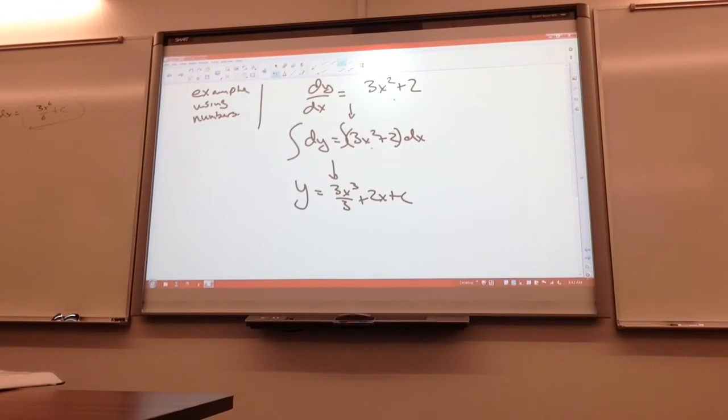Yes? What's the point of putting in the integrands if we just ended up doing the antiderivative of what we were given at the top? It's because, again, this is a very simple example of one. What you'll often get a lot of times is these things with a y involved in them somewhere, or we're going to use this for something else.